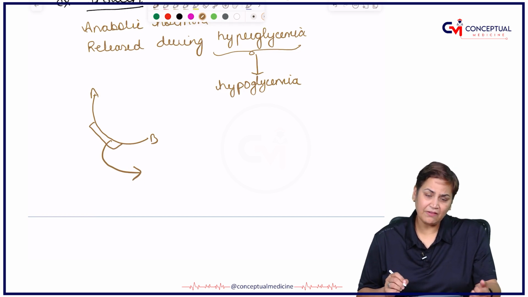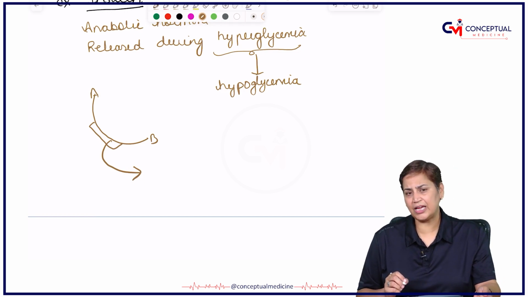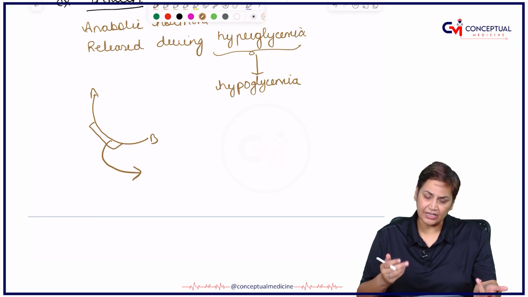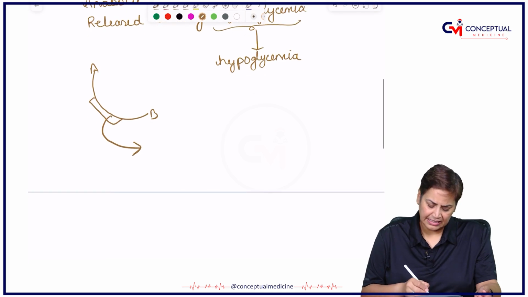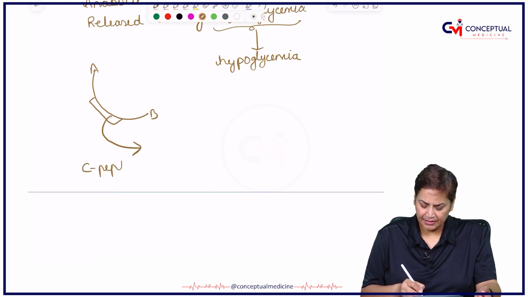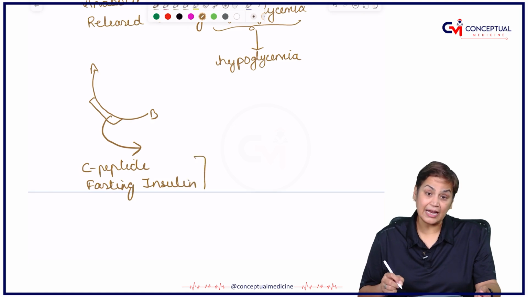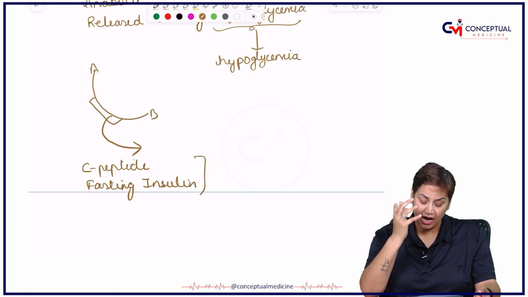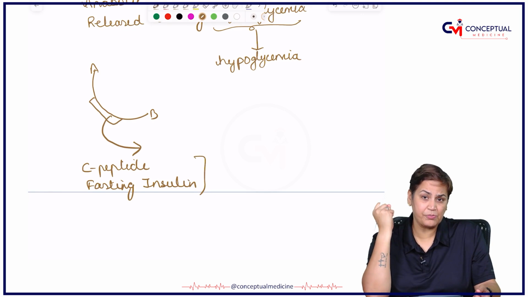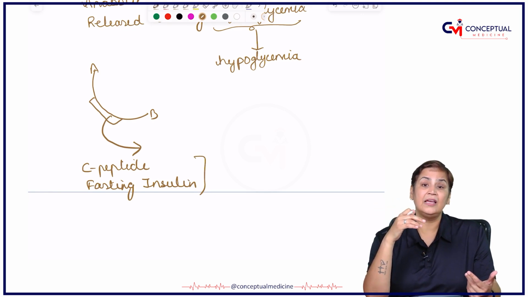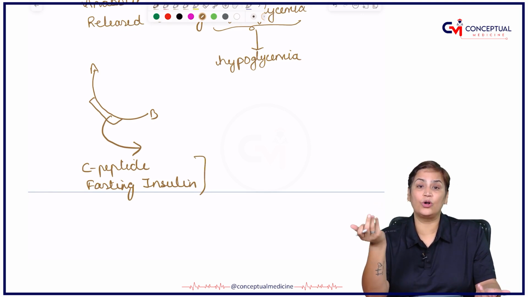And that is why, whenever we have to check, there are two very important tests in diabetes which are generally done: one is the C-peptide test and the other is fasting insulin. These are the two very important tests in a diabetic patient which give the root cause, how much C-peptide is being released, whether insulin is sufficient enough to act or not.